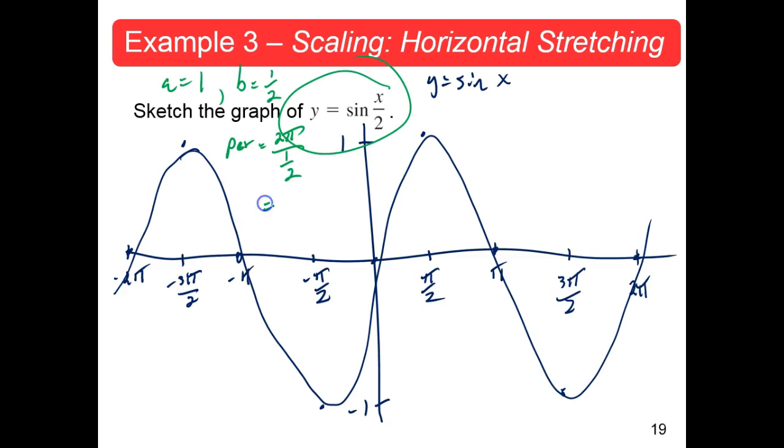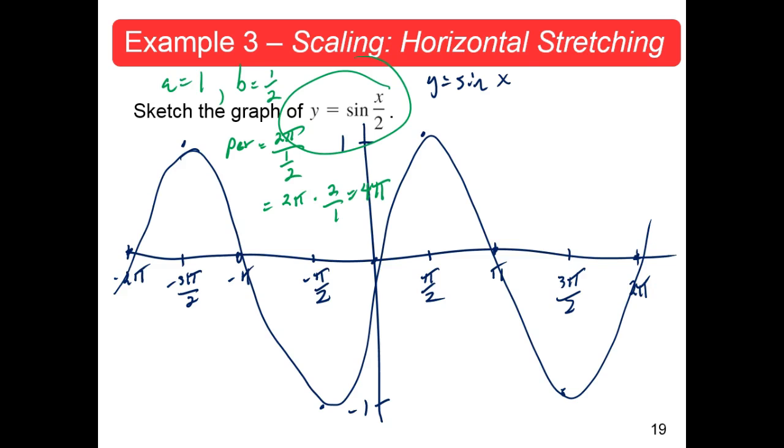Which would be the same as 2 pi times 2 over 1, which is 4 pi. Whoa, I blew it, didn't I? Okay. We can still handle this, but now the period should be 4 pi. And I did only 2 pi in each direction, but that gives me a total of 4 pi.